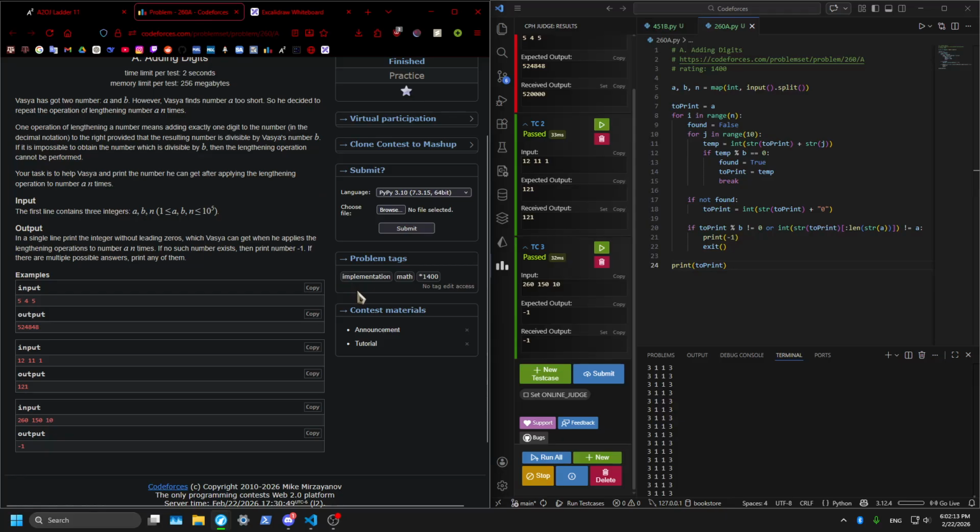That's straight up just brute force. This isn't even a brute force question, it's an implementation question. So what can we do?